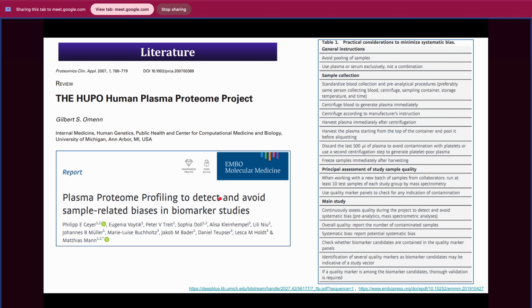And from this particular report, I have found a table in which they have mentioned how you can reduce the biases. So the journal instructions are to avoid pooling of samples and use plasma or serum exclusively and not a combination. Then how the sample collection should be done. In this they have mentioned how the experiment should be designed so that you can increase the accuracy and you will be able to identify the biomarkers.